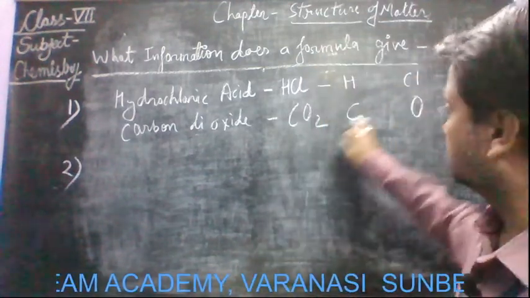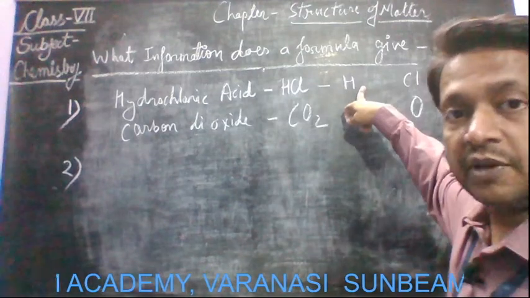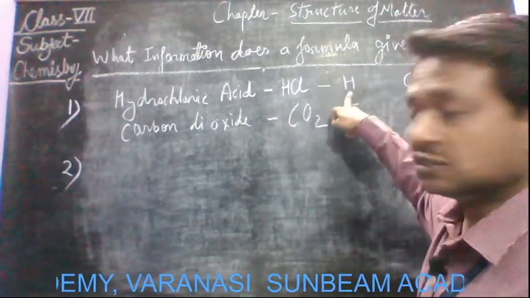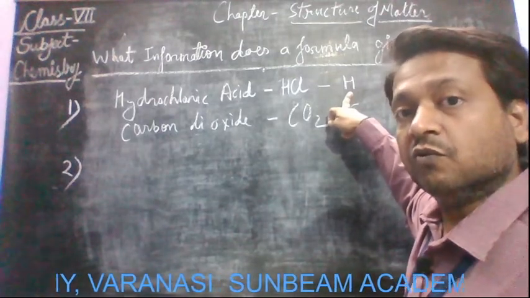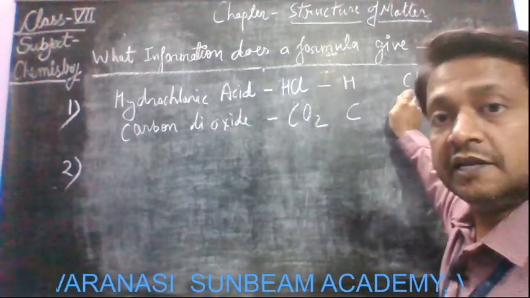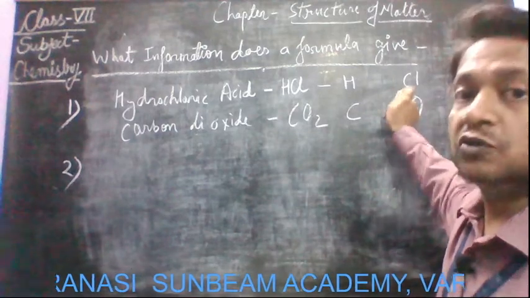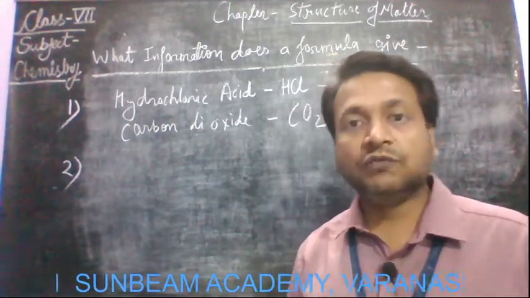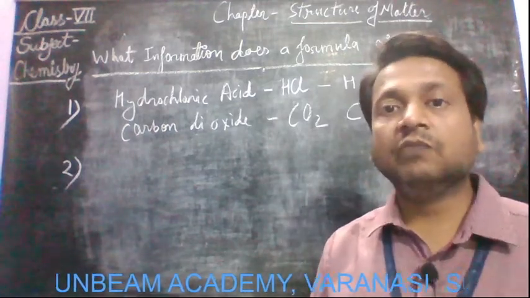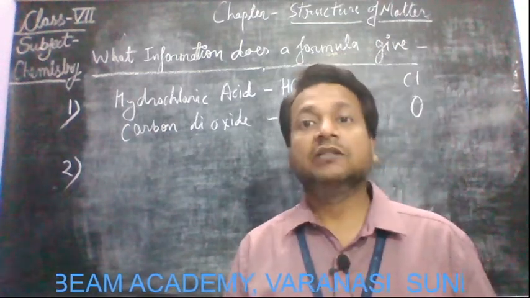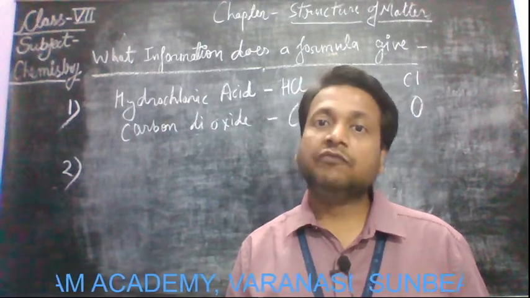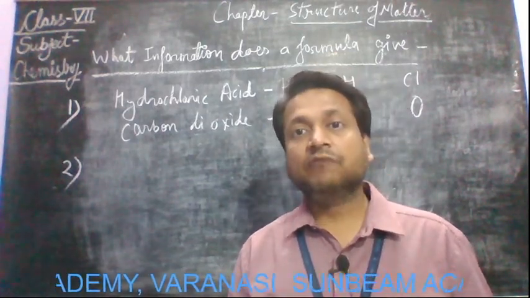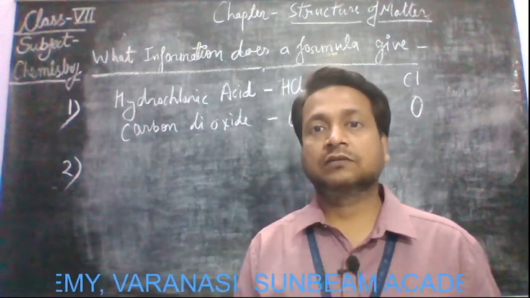So simply in the example of HCl, that is hydrochloric acid, H indicates one atom and Cl indicates also one atom. So we can say that the formula HCl is going to inform us that in one molecule of HCl, the number of atoms of hydrogen is 1 and the number of atoms of chlorine is also 1.